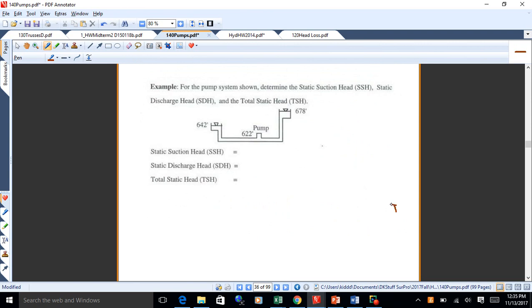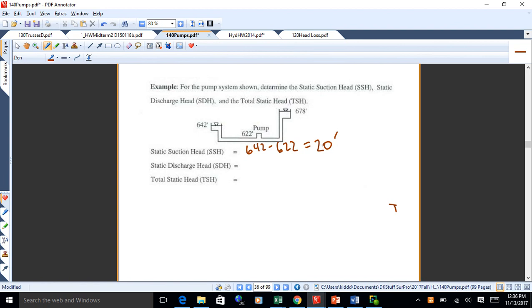Okay, how about this one? 20 feet of lift, or 20 feet of head to get from the inlet reservoir to the pump. That's actually got 20 feet of positive head there.